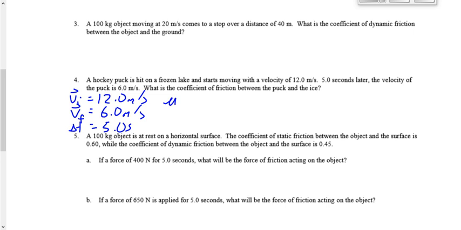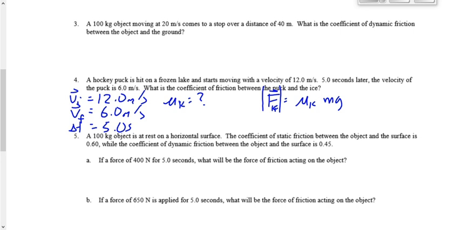We want to find the coefficient. What kind of friction is it, static or kinetic? It's kinetic. Is this puck at rest on the ice? No, it's sliding. Kinetic friction, dynamic friction, sliding friction. We're looking for the coefficient of kinetic friction. To solve for it, we would say mu times the normal force, and the normal force is m times g, right?